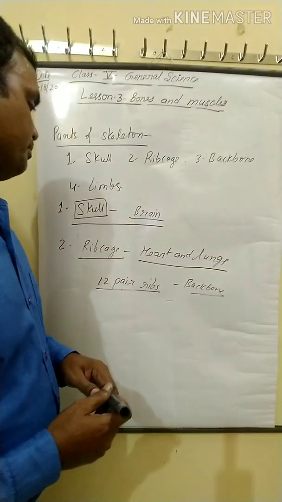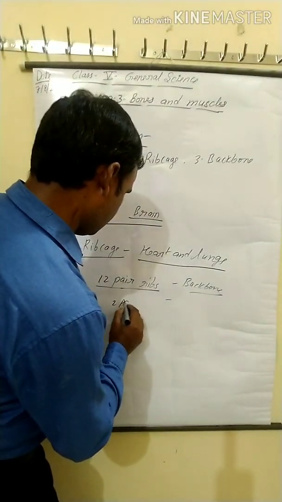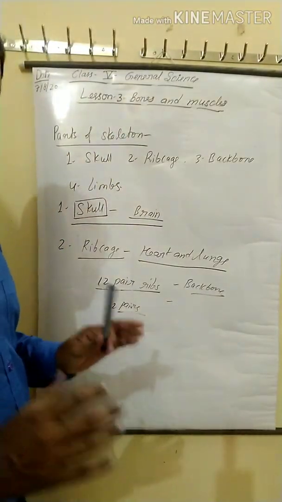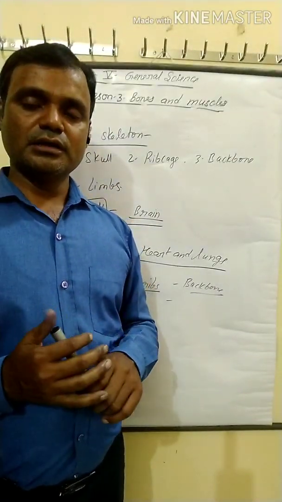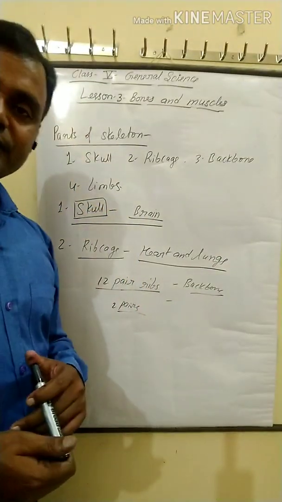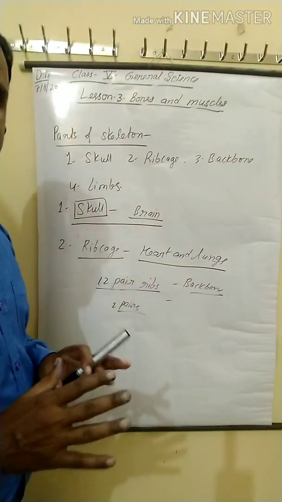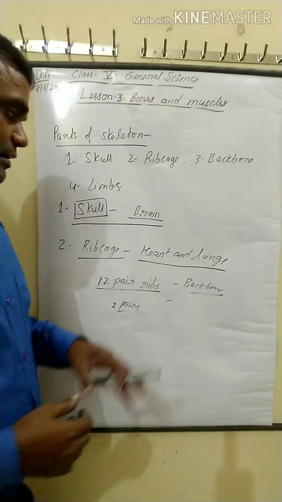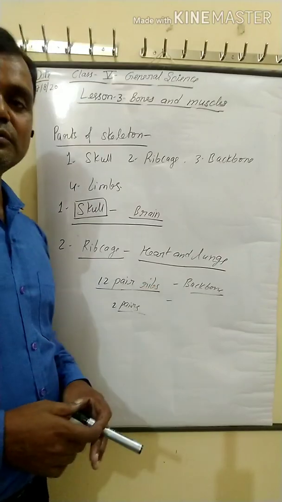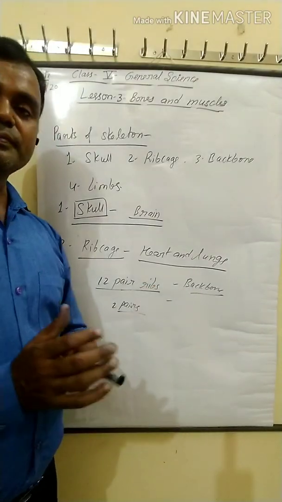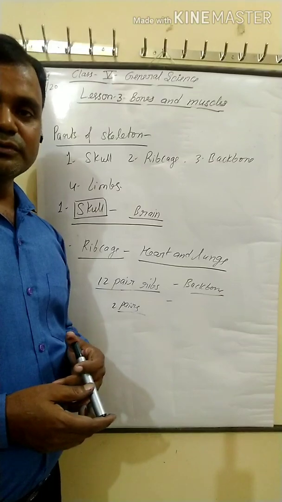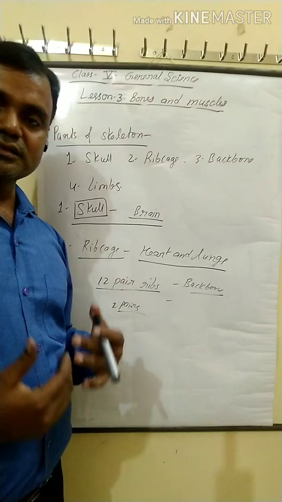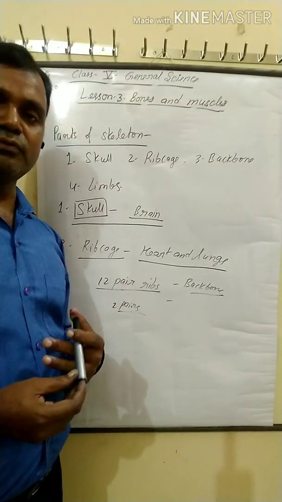The lower two pairs are not attached to the breastbone. They are called floating ribs. The breastbone is called the sternum. So the rib cage protects the heart and lungs, 12 pairs of ribs are found, and the last two pairs of ribs are floating.